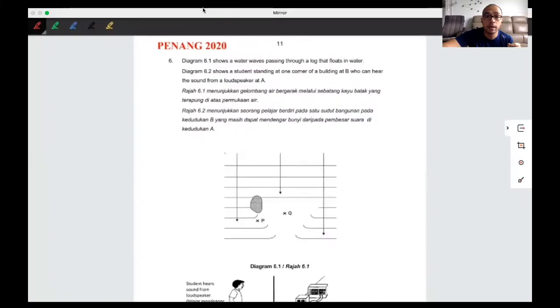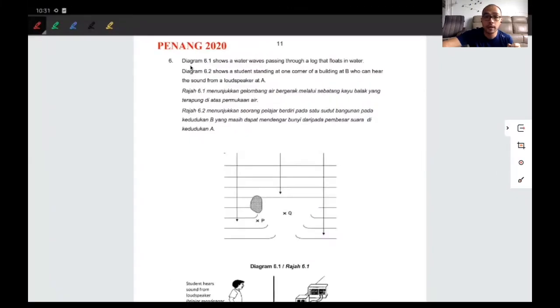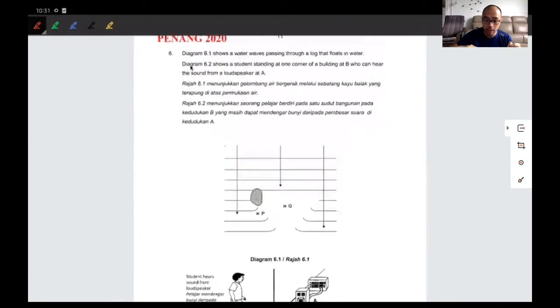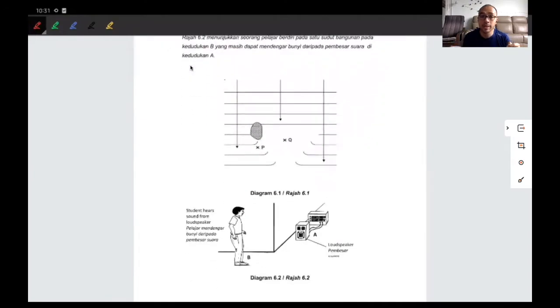Diagram 6.2 shows a student standing at one corner of building B, who can hear the sound of the loudspeaker at position A. So the loudspeaker is here, the student is here. He can't see the speaker, but he can hear the sound of the speaker. This is an application of diffraction. So all this now is diffraction.